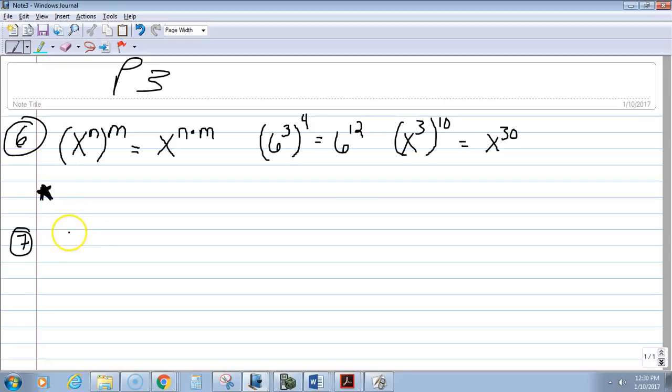let's say, x over y to the n power. That's going to be this. So this is the same as saying x to the n power over y to the n power. So what does this look like if we were using numbers?